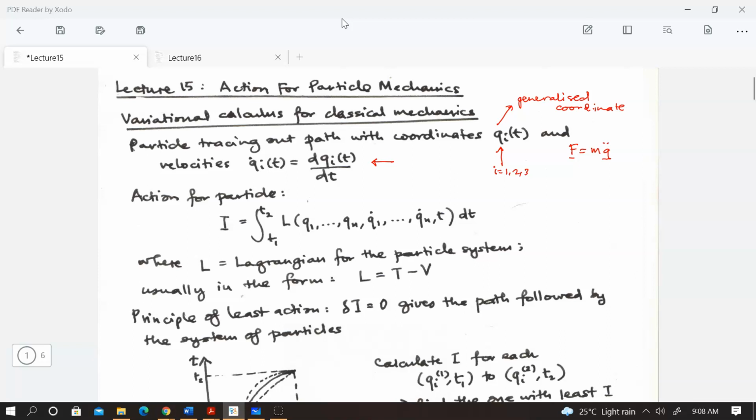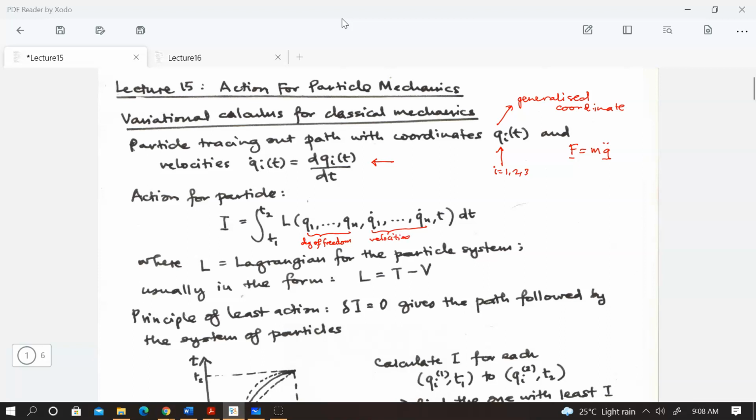So you have q1 to qn to be your degrees of freedom, and along with that will be the velocities corresponding to the degrees of freedom.